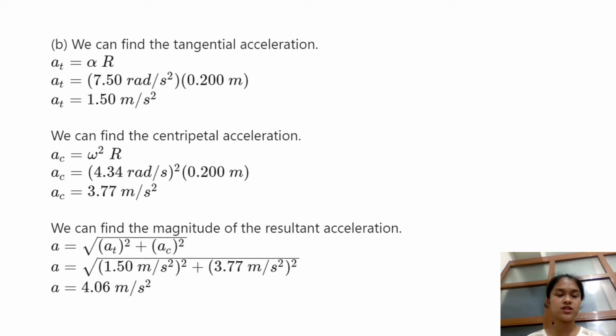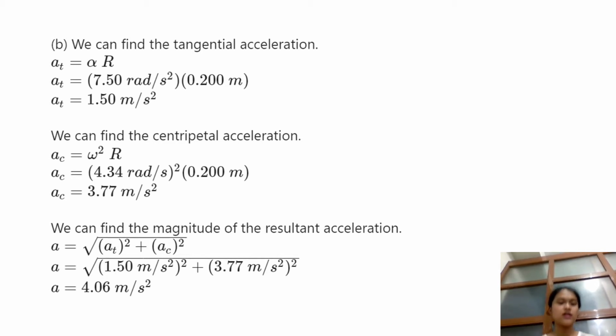Next, we get the centripetal acceleration. The equation for centripetal acceleration is angular velocity squared times radius. We plug in the values in the equation, and we get 3.77 meters per second squared.